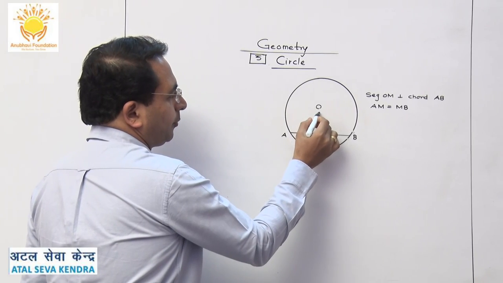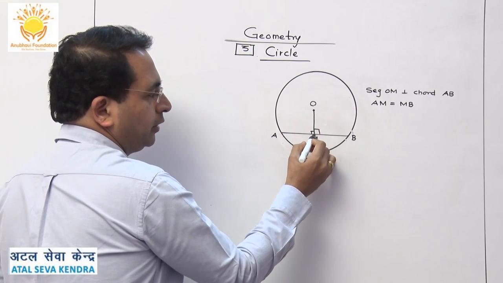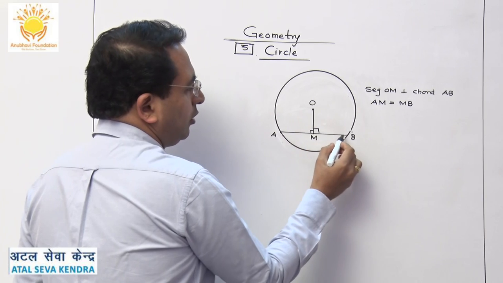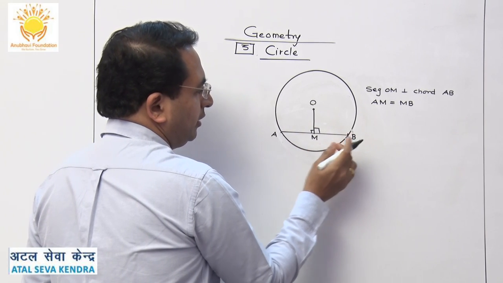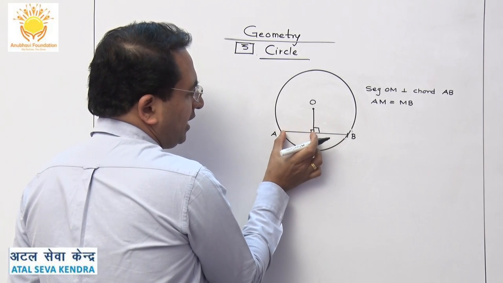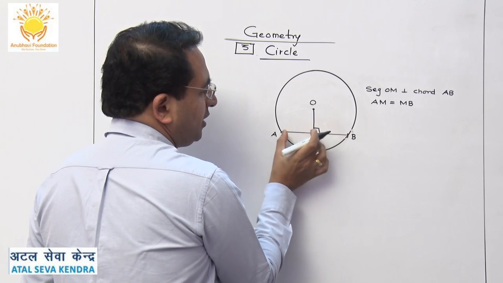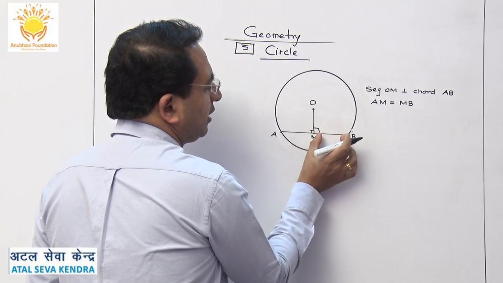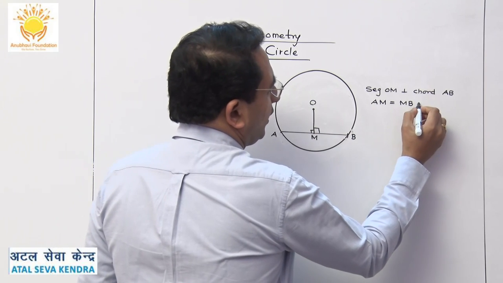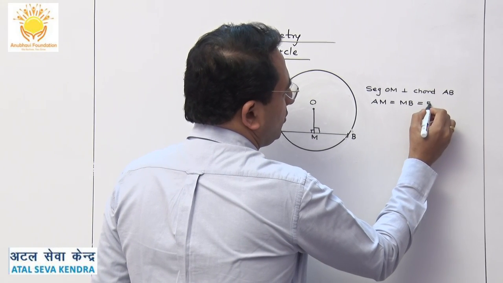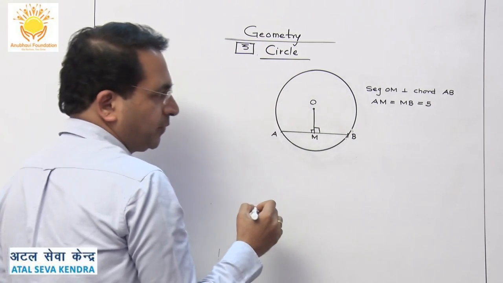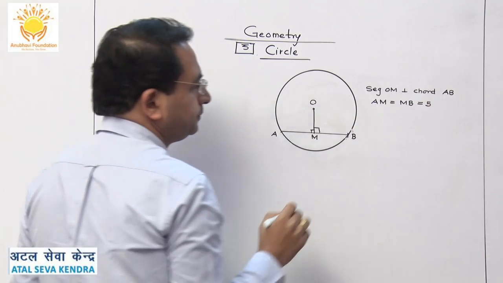So if you drop the perpendicular on the chord, if AB is of length 10 centimeter, then each one, AM and MB, will be 5 centimeter in length. So AM is equal to MB will be 5 if AB is 10.